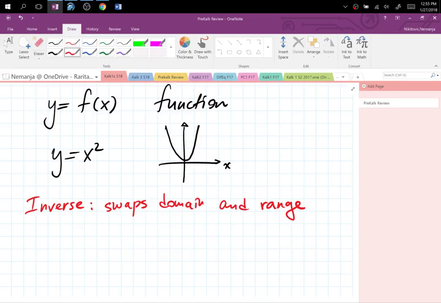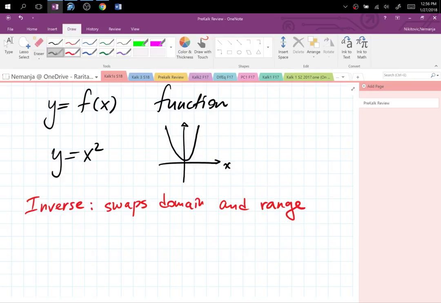Go ahead, break a vase. Go home, smash a plate into a countertop, and see what happens. Where is the undo button on that one? No undo button. So certain functions are going to have an inverse that is a function, and others will not be functions. Certain ones we can fix, and others we cannot.